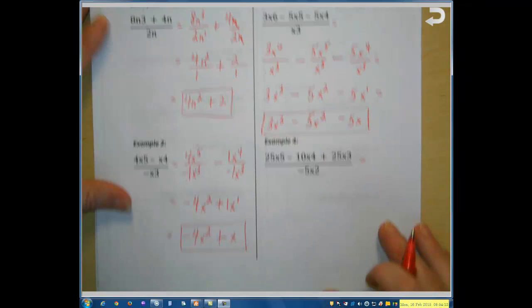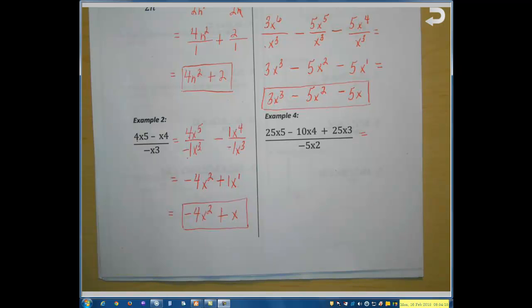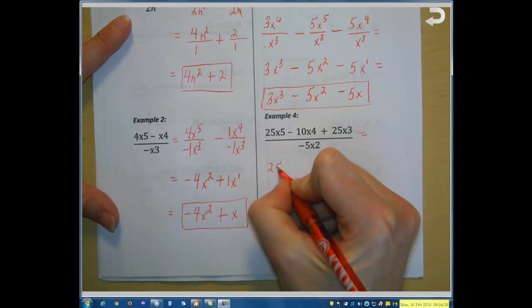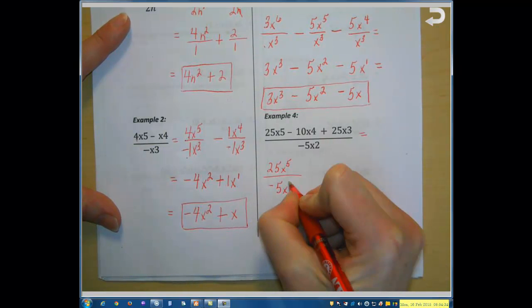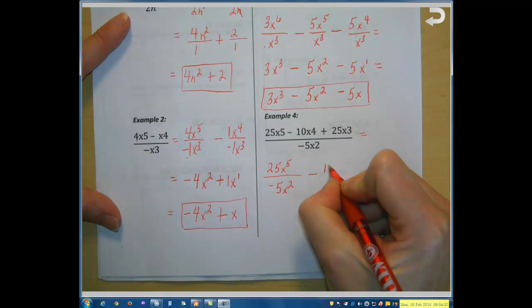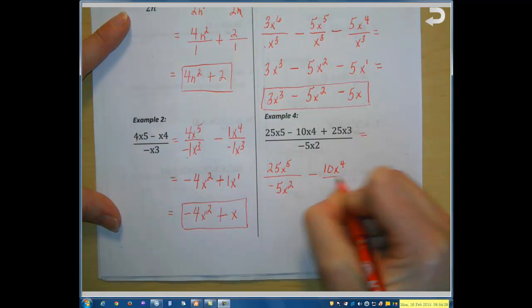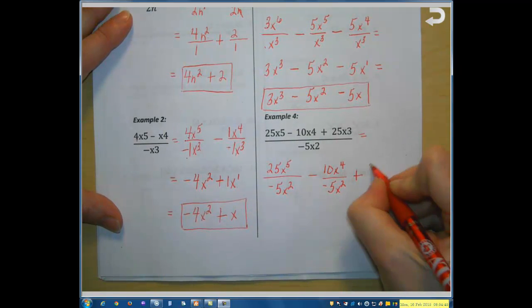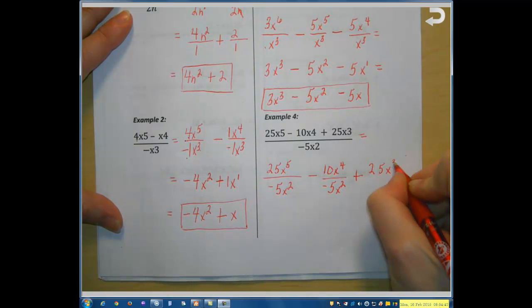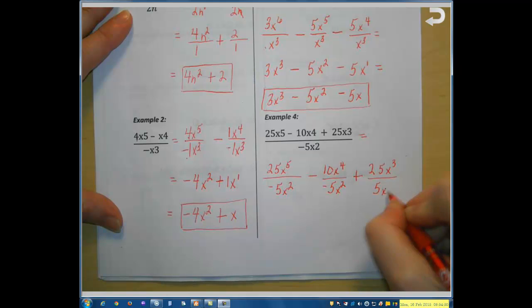All right, in example 4, we'll work together to separate the trinomial into 3 fractions, and then I will have you guys divide each of the fractions. Okay, so we'll have 25x to the 5th over negative 5x squared minus 10x to the 4th over negative 5x squared plus 25x to the 3rd over 5x squared.